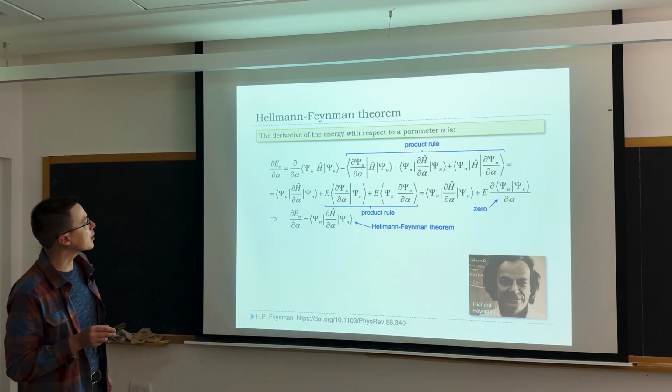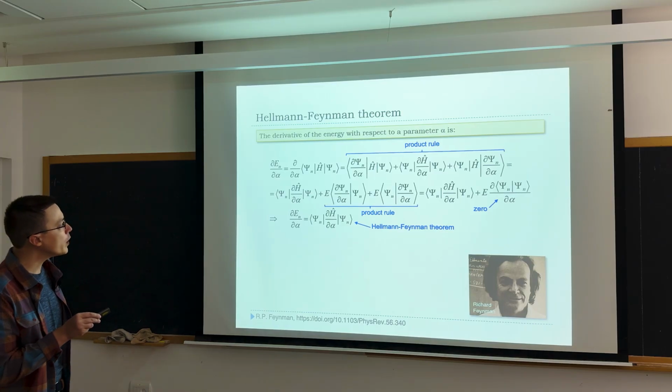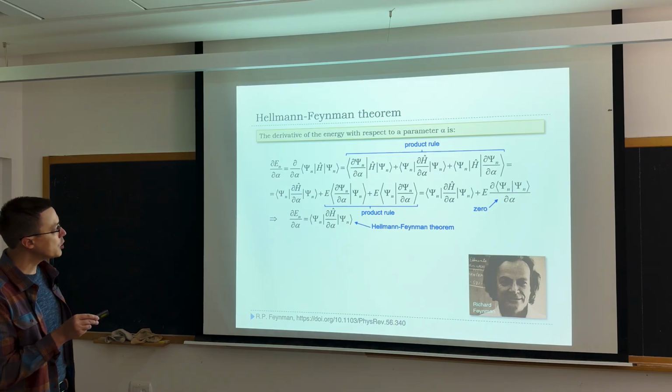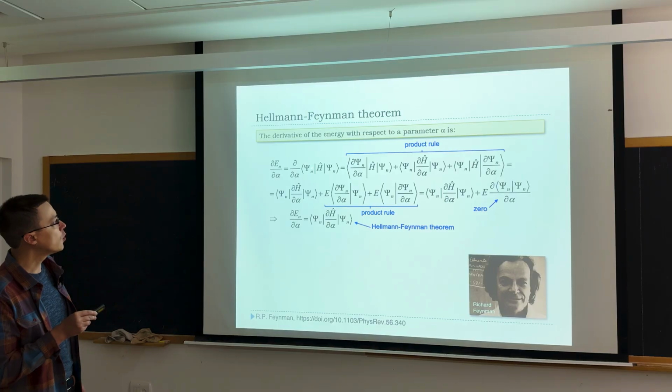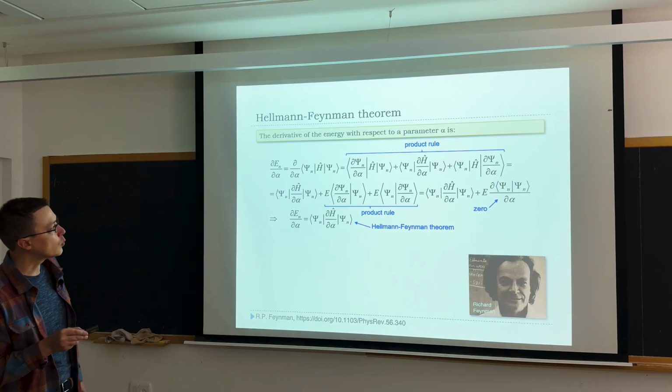Well, let's massage this a little bit. We know what H psi is, right? This is the eigenvector of H, so H psi is E psi, remember Schrödinger's equation. So we can use that here also. H psi n will give us the energy again.